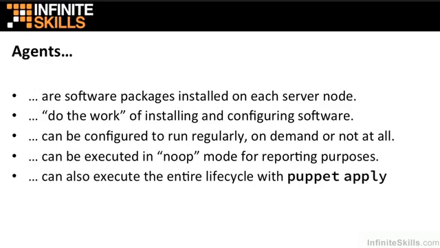A Puppet agent can also execute the entire Puppet lifecycle locally using a command called puppet apply. So when running puppet apply on a system, which is an example we'll see later on in this video series, the agent will read a configuration file, compile a catalog, and apply changes to a local system.